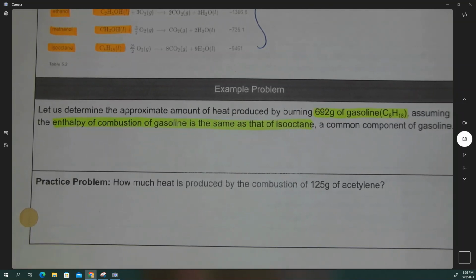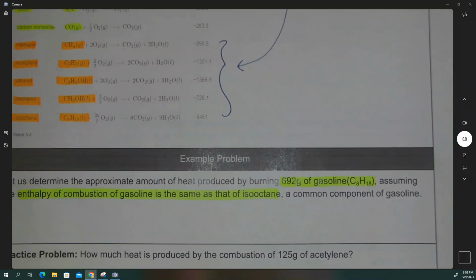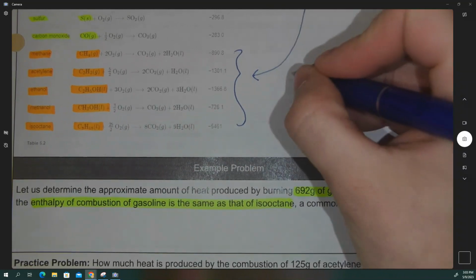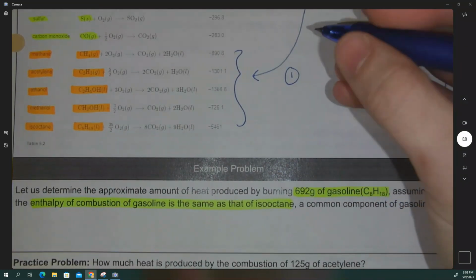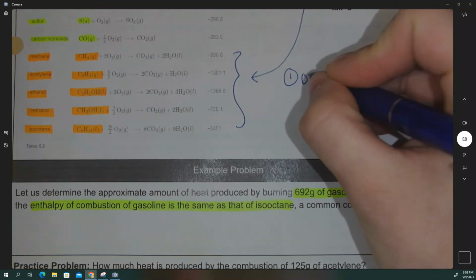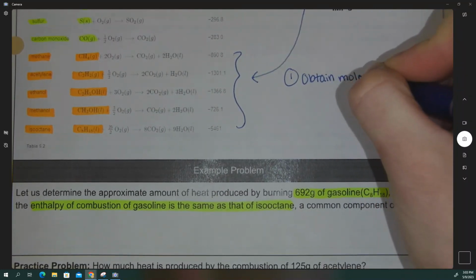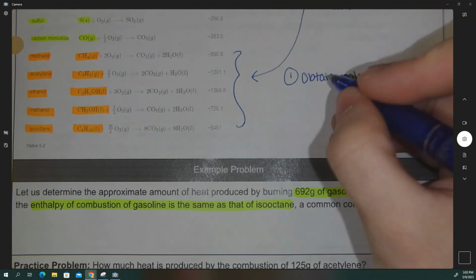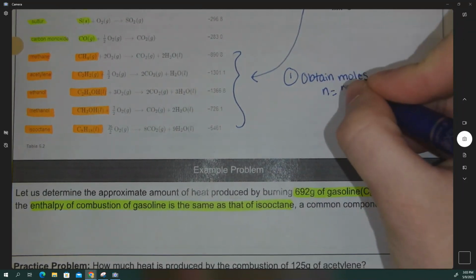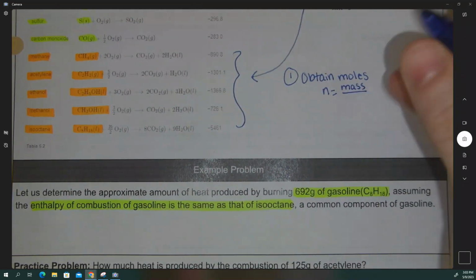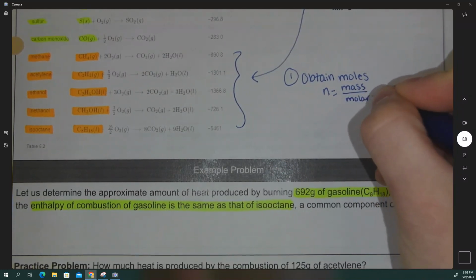So step 1, we want to make sure that we know how to convert to moles. I'm going to write step 1 down here. We want to make sure we have our amount of moles, so obtain moles. That's step 1. And remember, moles is equal to mass over molar mass.